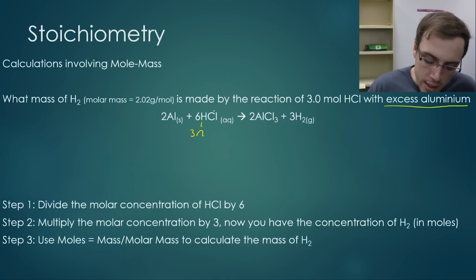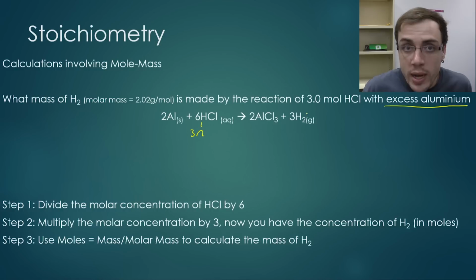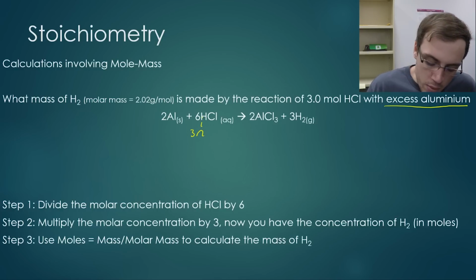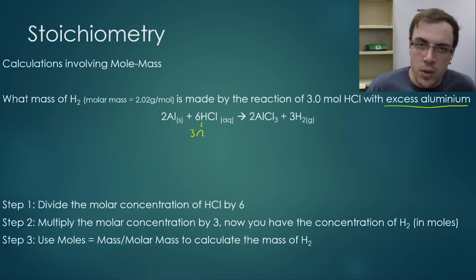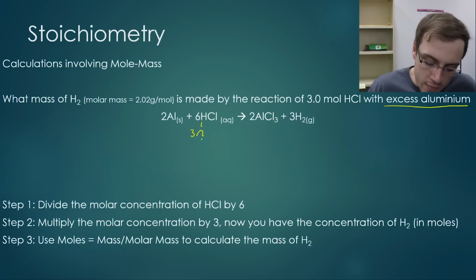Now we can calculate how many moles of hydrochloric acid will make how many moles of H2 by using our little molar ratios. The best way to do this with any of these questions, and this is involving mass to mass comparisons, which we're going to do in a moment, is when you have the moles.